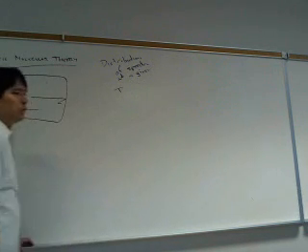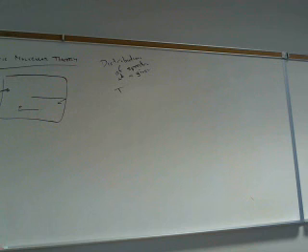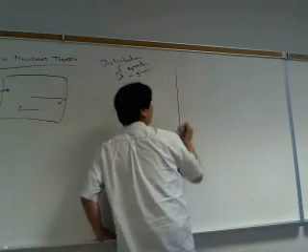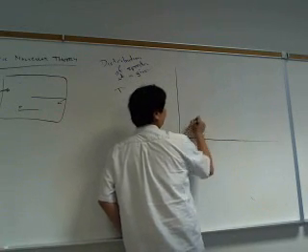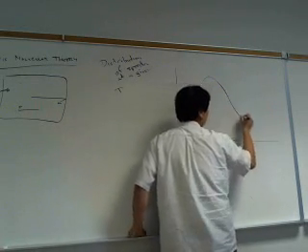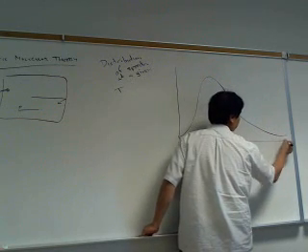What does the distribution of speeds look like? It's an asymmetric bell curve. So the distribution of speeds looks something like this, where there is a high energy tail here.